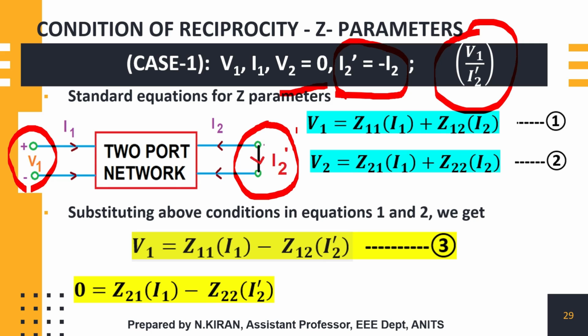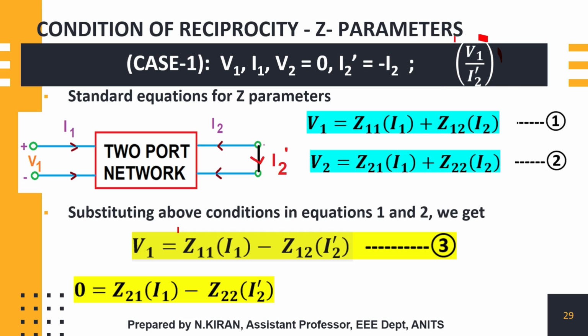Here my aim is to find the ratio of V1 by I2 dash. From the third equation, as you can see, I have the term V1 as well as I2 dash. In order to get the ratio, I should eliminate I1 from the third equation, and I can eliminate it by using the second equation that we have obtained.